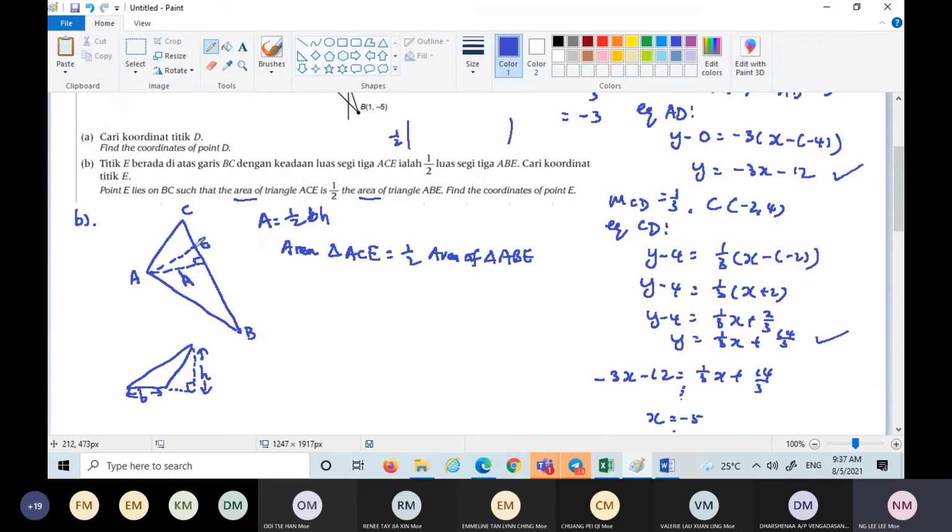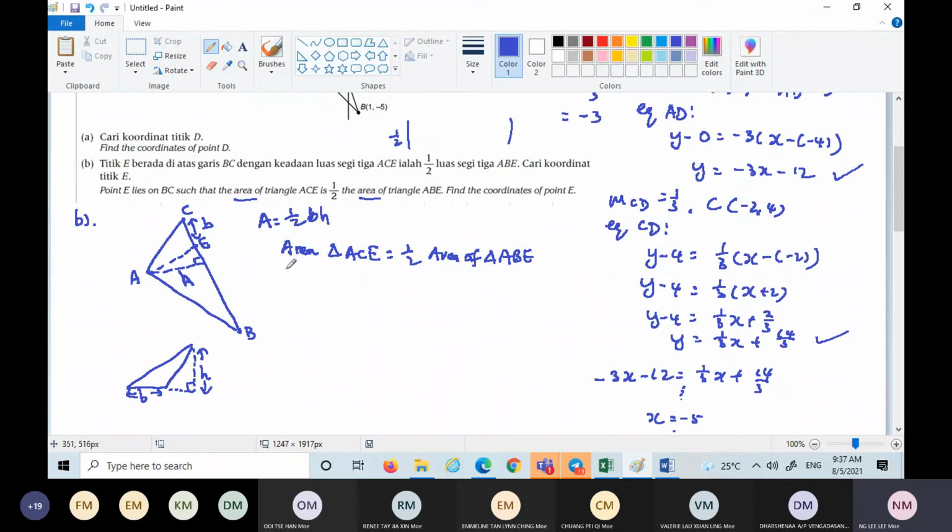Same as this. So for triangle ACE here, this will be the base and here will be the height. By doing this you are saying that both triangles have the same height. Therefore you can cut it to simplify.